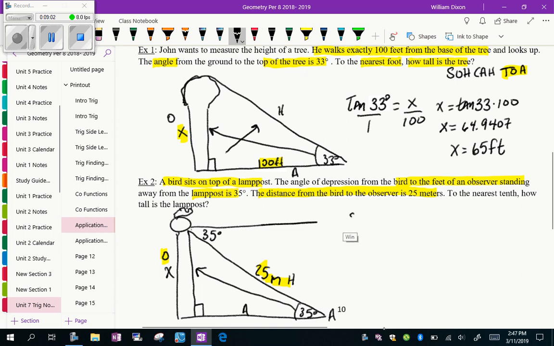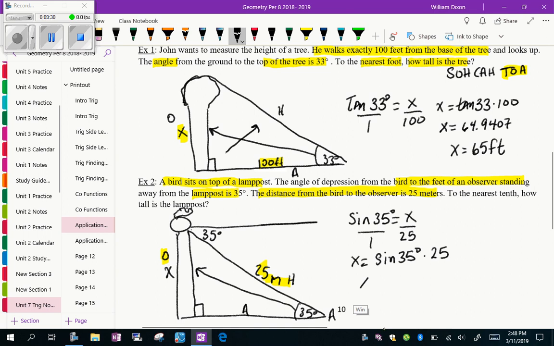So I'm going to set up the sine of 35 degrees equals my opposite, which is x, over 25. I'm going to cross multiply. I'm going to get x equals the sine of 35 degrees times 25.